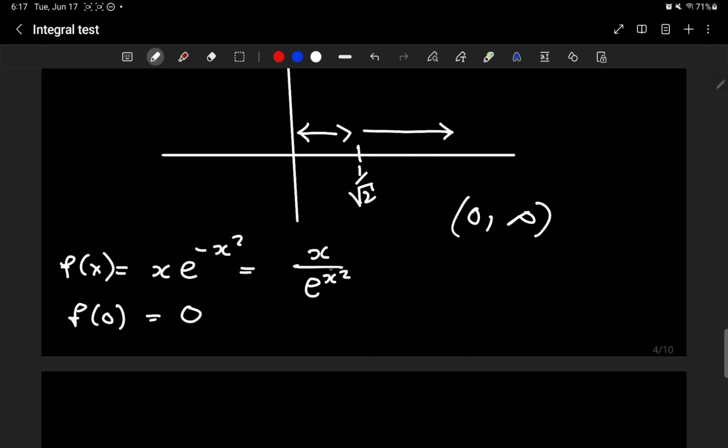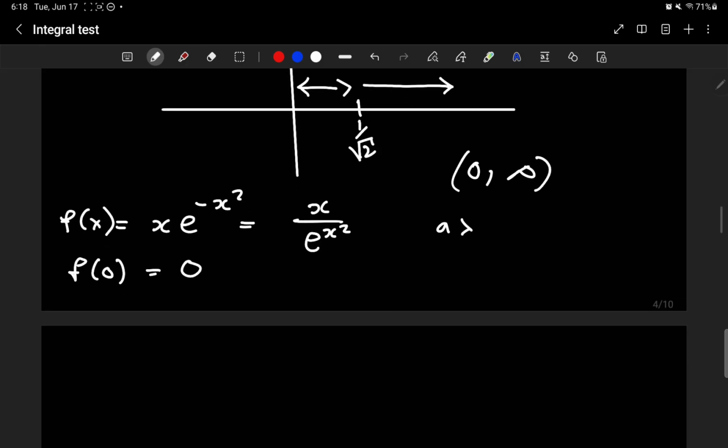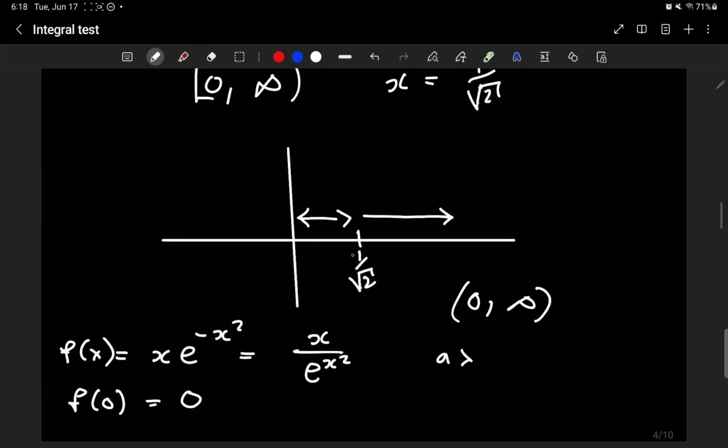So it gives us 0 when x was 0. But if x is non-zero, any number really, notice that your answer will be greater than 0. So if you pick a number a, for example, greater than 0 but less than 1 over root 2, notice that your answer will be non-zero and non-negative. So your answer will be greater than 0. What does that prove? It proves that in the range from 0 to 1 over root 2, the function is increasing.